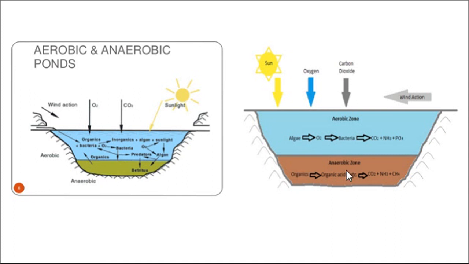And this is another figure. Oxygen, carbon dioxide and wind currents cause some oxygen and carbon dioxide to mix with the top layer. In this way the treatment of wastewater takes place in the facultative oxidation pond.